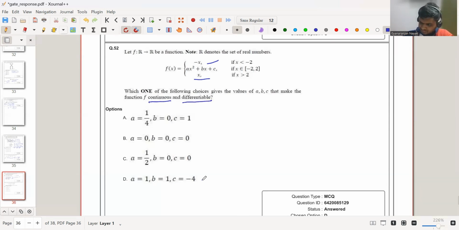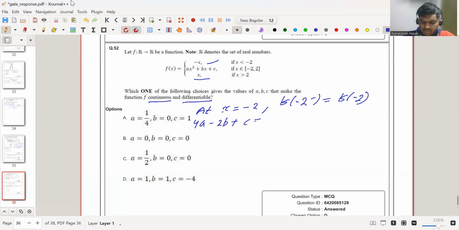So you know, for continuity, at x equal to minus 2, f of minus 2 minus equal to f of minus 2 plus. Okay, so 4a minus 2b plus c equal to 2.